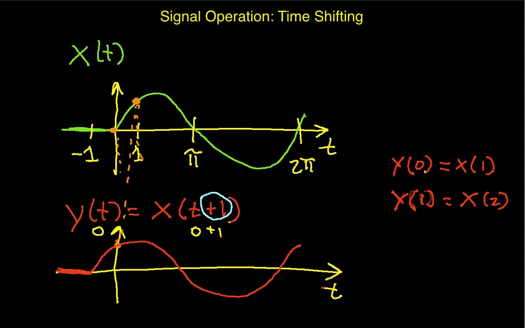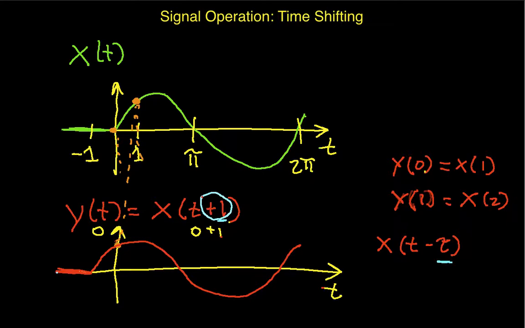Sometimes you'll be shifting by a given amount, but sometimes you'll have something like x of t minus tau, where tau is another variable. So the idea here is that instead of putting in an actual number, say this 1, we've put in a variable that shows the delay.